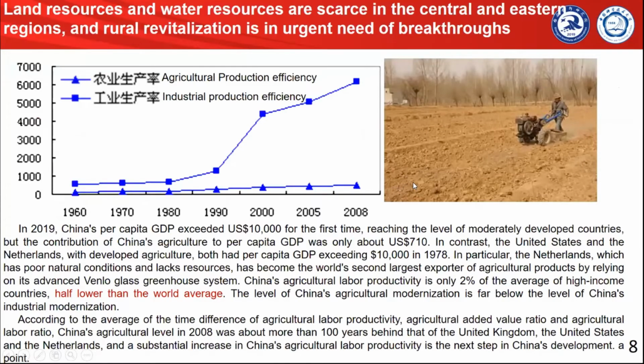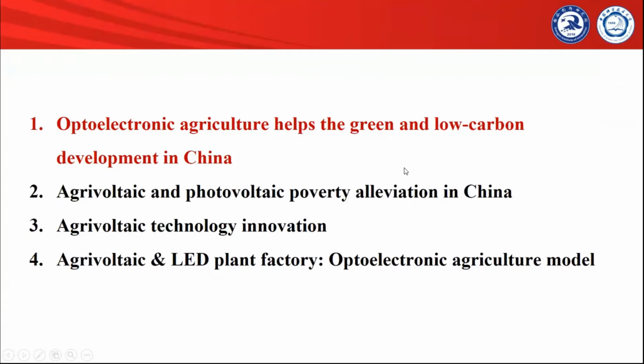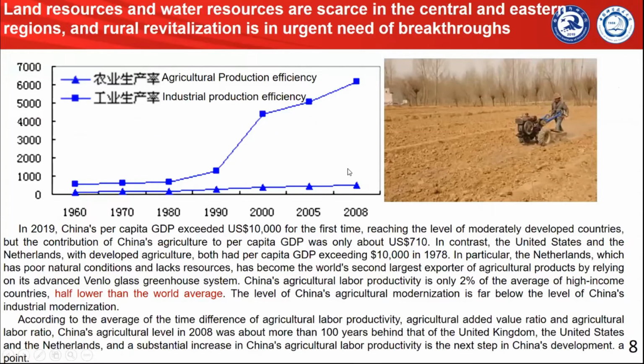Let's talk about the motivation of this R&D project. In China, in the past 40 years, industry has grown very well, doubling. But agriculture is still far behind. Agriculture efficiency is very low, lower than the world average.